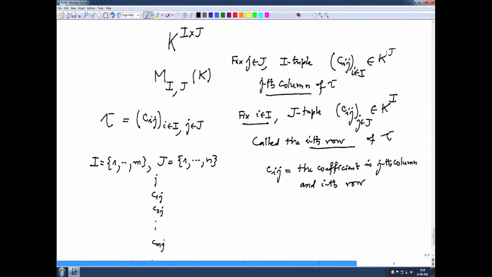And the ith row starts with Ci1, Ci2, and here it will come Cij, Cij plus 1, etc., till Cin. The last entry will be Cmn. The intersection of the ith row and the jth column is the ijth entry.